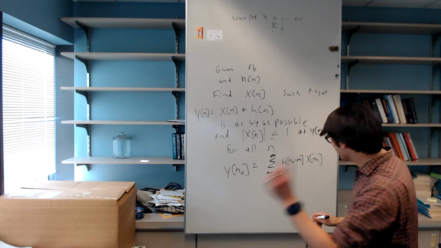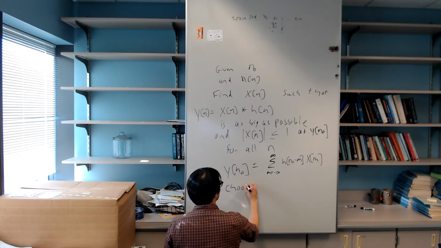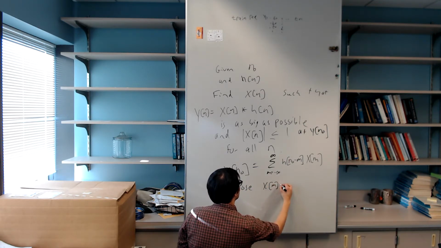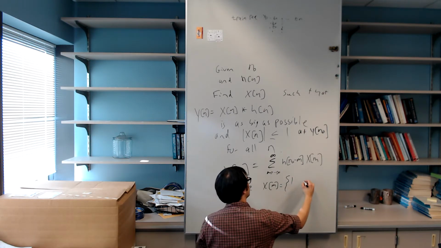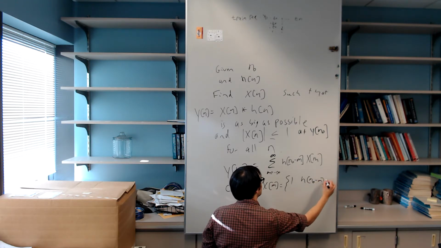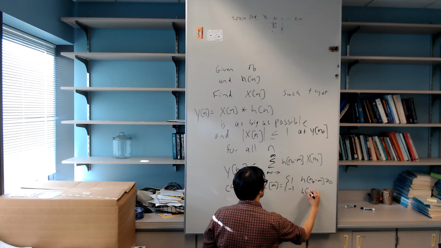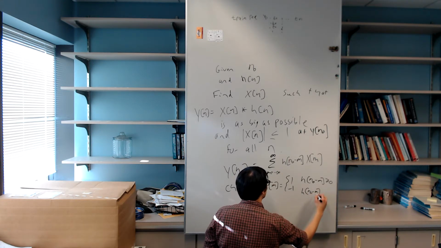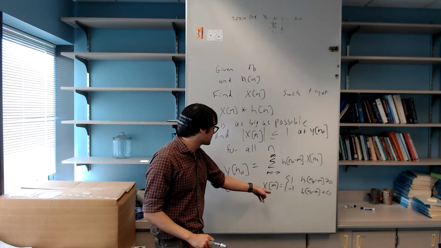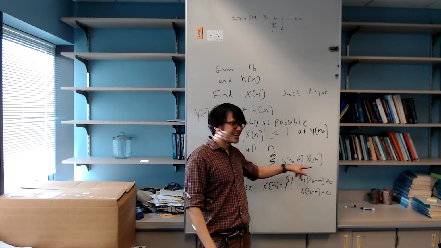Well, what we can always do is choose x[m] equal to 1 if h[n0 - m] is greater than or equal to 0, and negative 1 if h[n0 - m] is less than 0. And the zero case doesn't really matter, because if this is equal to 0, 0 times anything is 0.